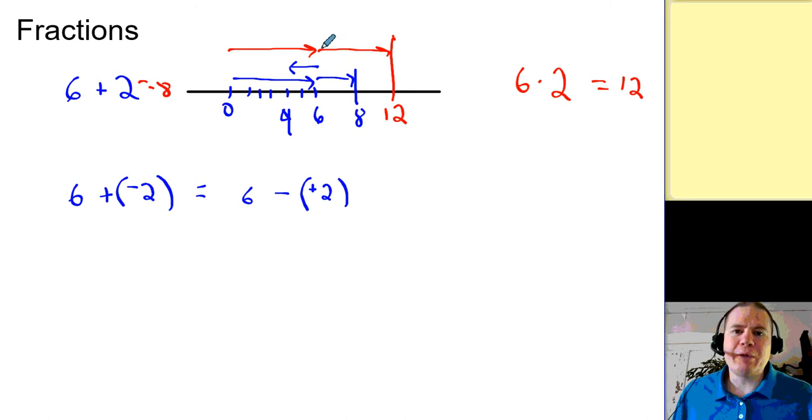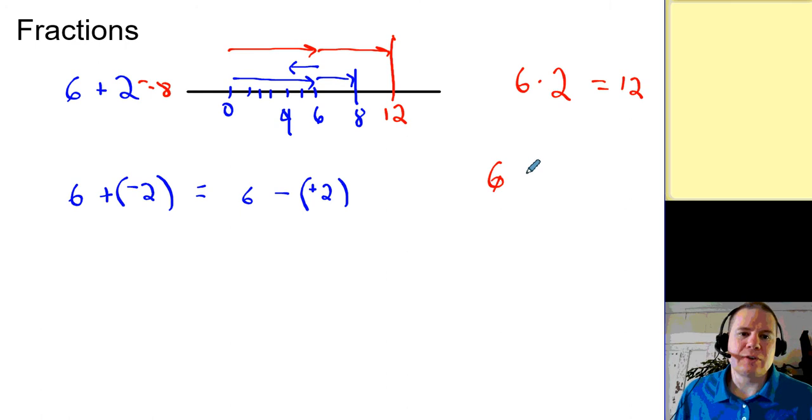Now, what if instead of making something move to the right, I want to make it move to the left? I can either put in a new operation to say move left, or use the original operation and introduce a new kind of number that's a left-moving number. Well, the same situation is going on with multiplication. If instead of making something twice as big, I want to make it smaller, 6 divided by 2, I take that 6 and I make it half as big.